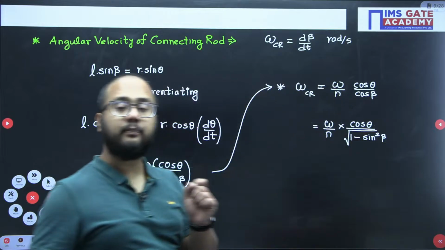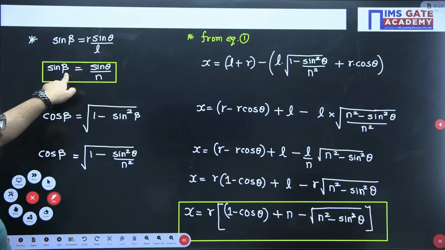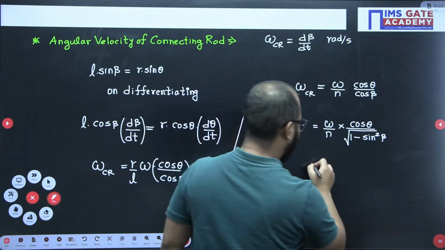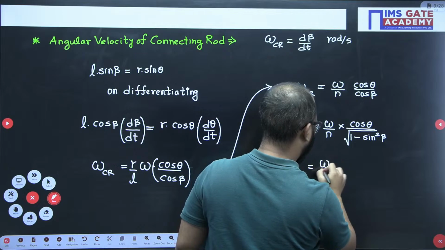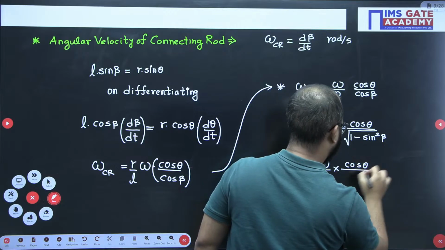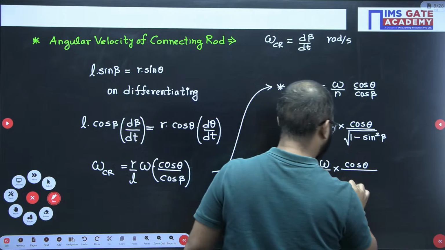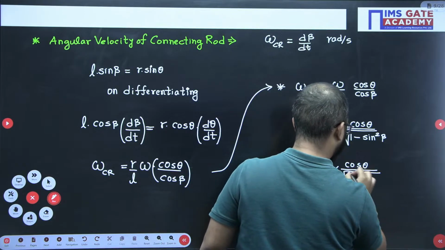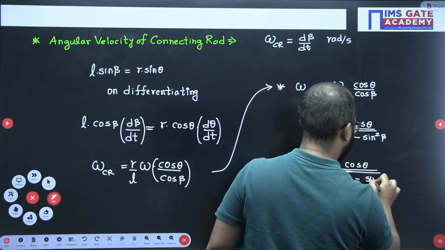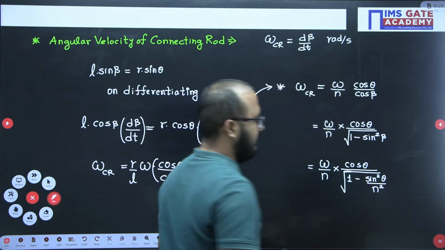Now sin square beta value initially we have calculated, if you remember. Sin beta value is sin theta divided by n. So here I will be putting that value. This is sin square theta divided by n square, like this.